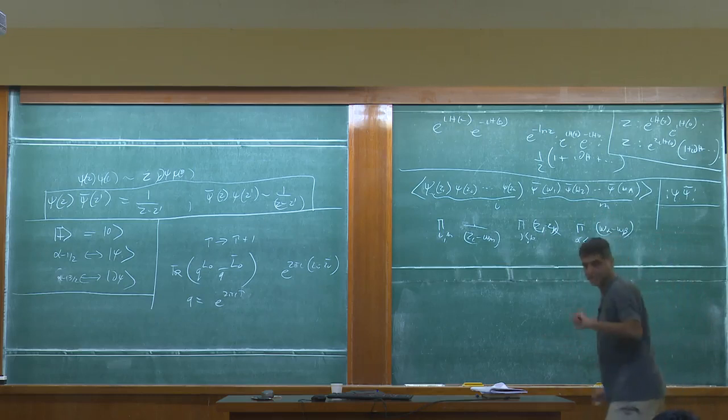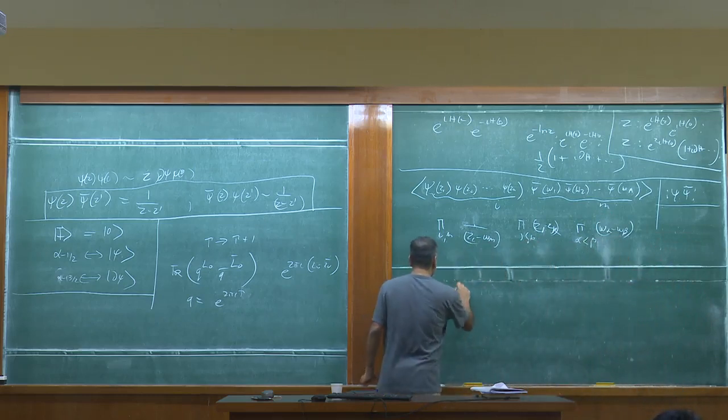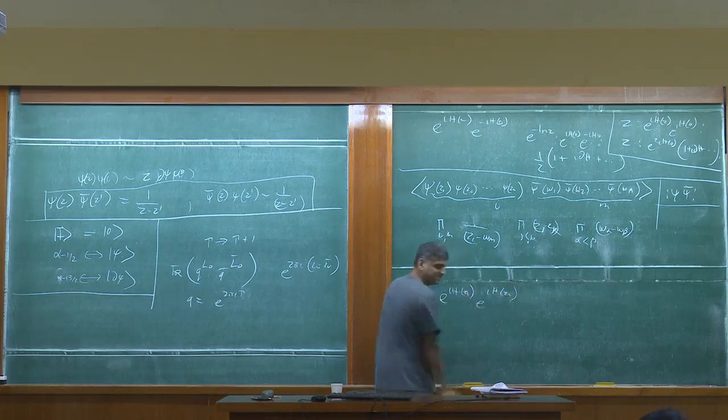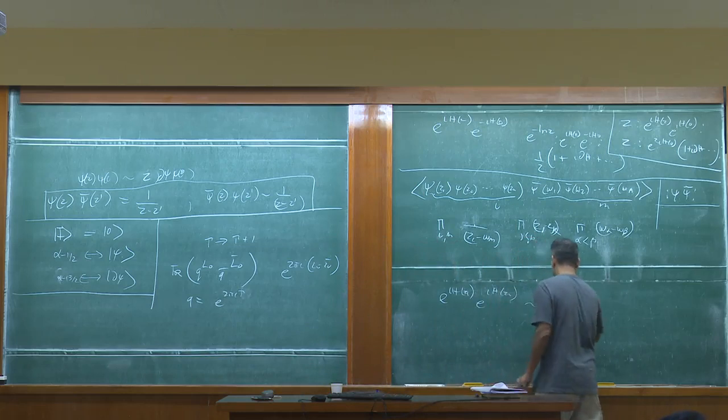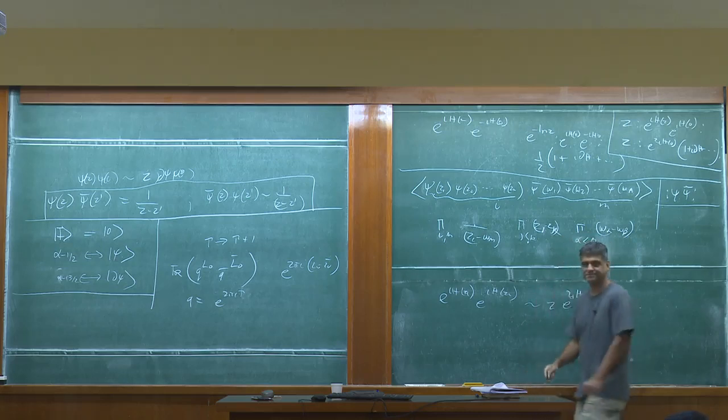Okay, so let's suppose I had e to the power ih of z1, e to the power ih of z2. In particular, you remember we saw this OPE. This was z times e to the power 2ih of z2 plus blah blah blah.